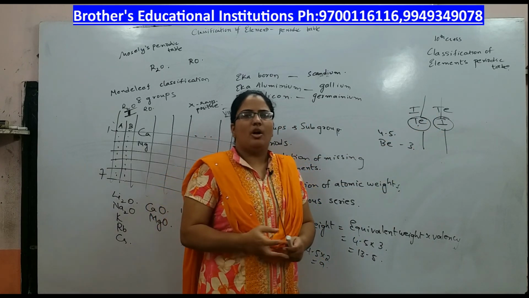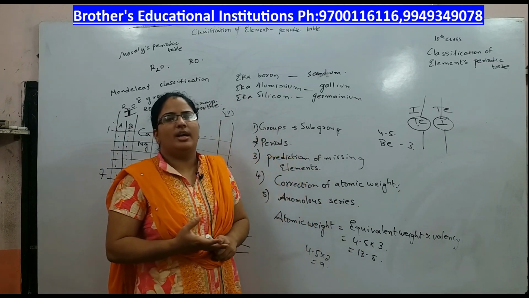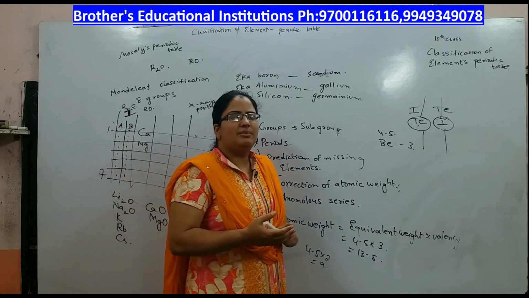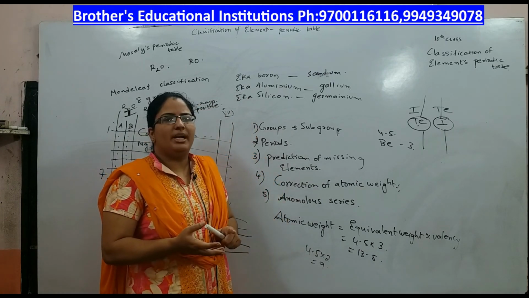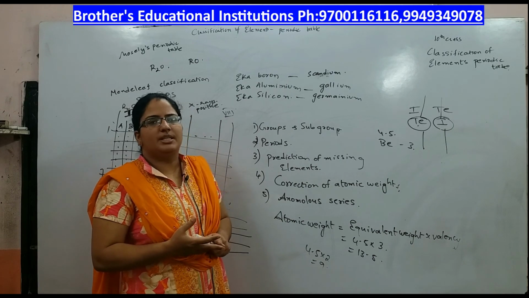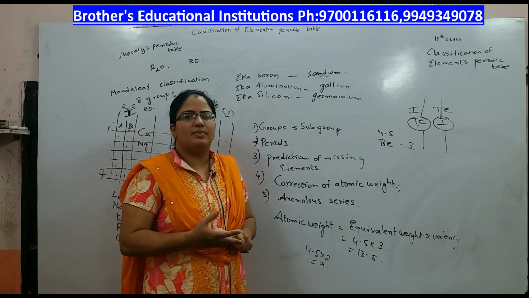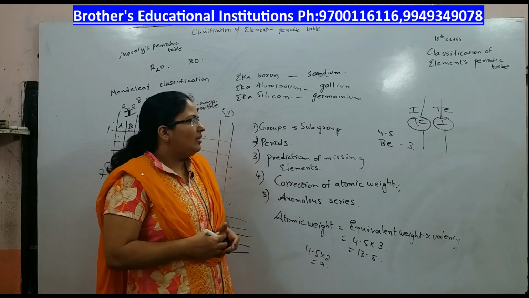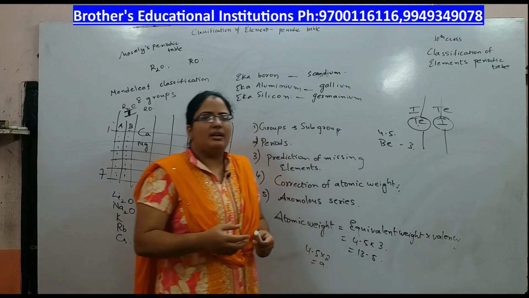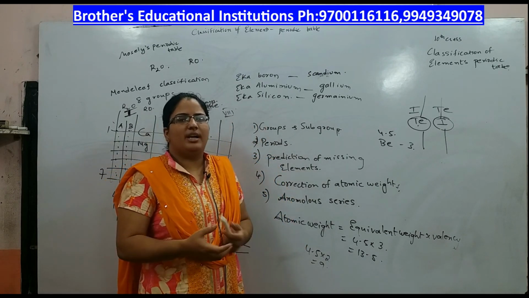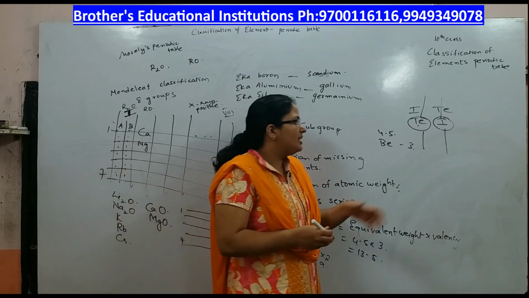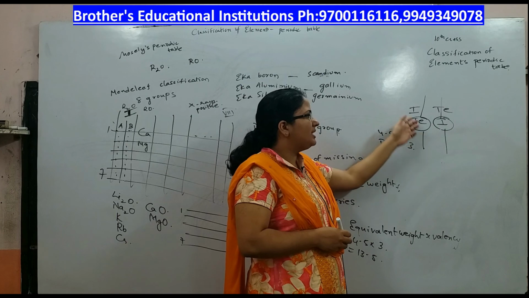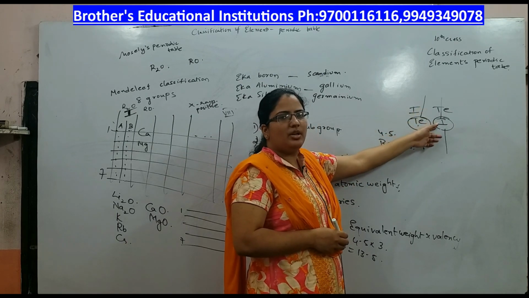So far, Dobereiner, Newlands and Mendeleev all arranged elements in the increasing order of their atomic weight, but Moseley suggested arranging them by atomic number, which is the number of protons present in the nucleus, or the number of electrons present outside the nucleus in a neutral atom. With this, the anomalous pair was corrected. That is, first we could place iodine, next we could place tellurium.